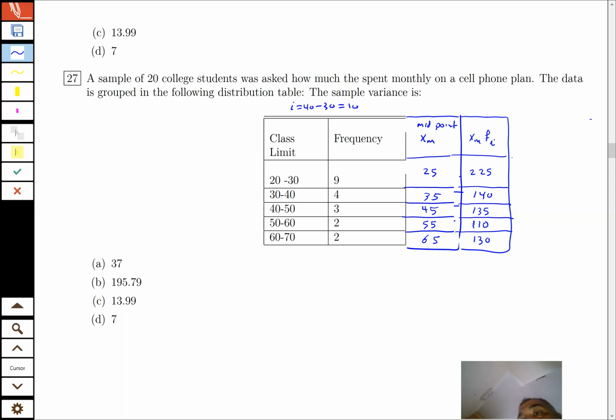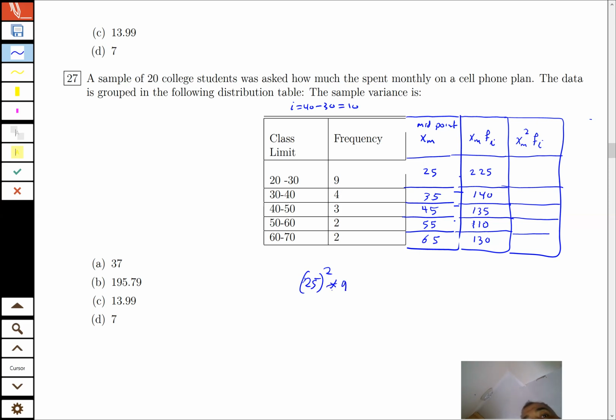What else do we need? We need in the formula also xm squared times the frequency. So that means squaring 25 times 9.